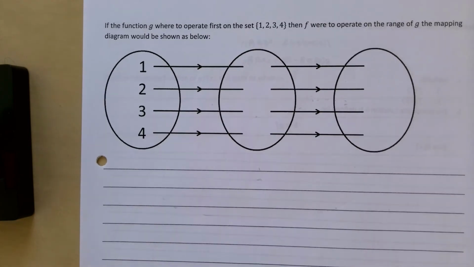If the function g were to operate first on the set 1, 2, 3, 4, then f were to operate on the range of g, the mapping would become what?